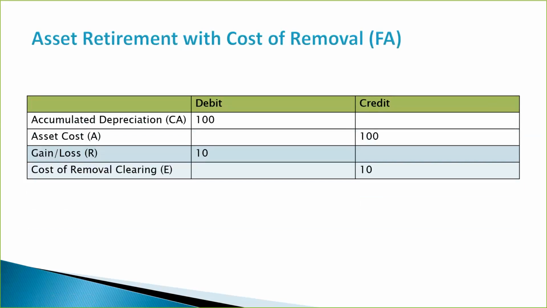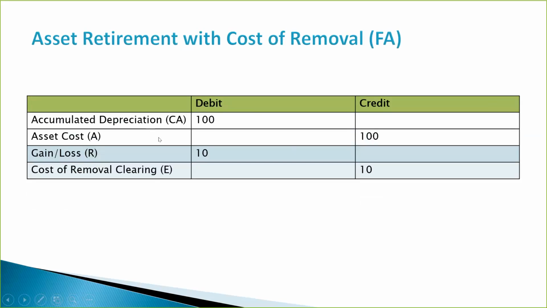There's no selling it or it wasn't stolen or anything, so it's fully depreciated and we are getting rid of it, but we still have to pay some people to come and remove it. So asset retirement in FA with cost of removal, this is what it will look like, okay?